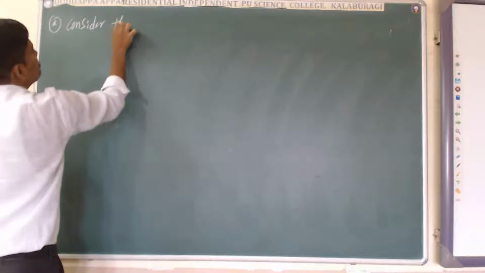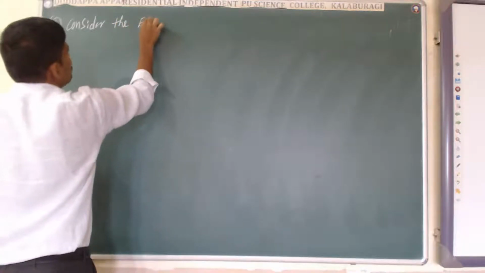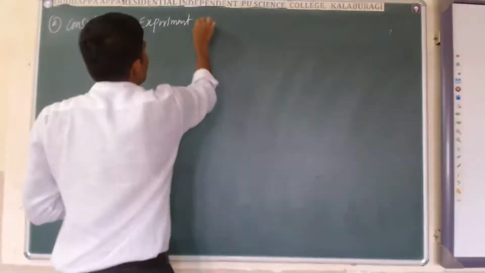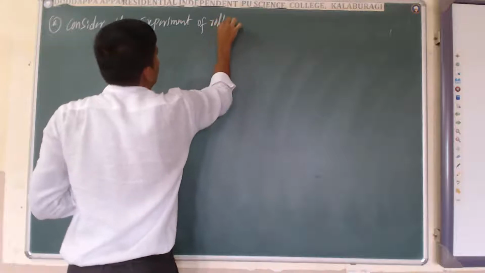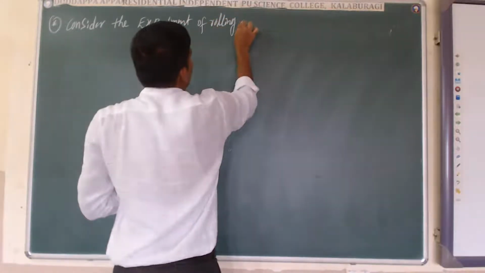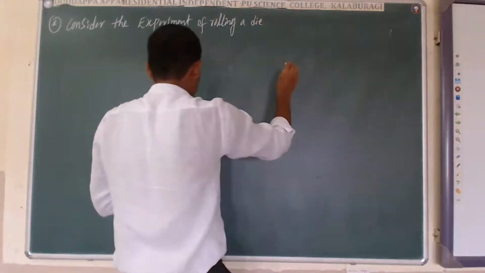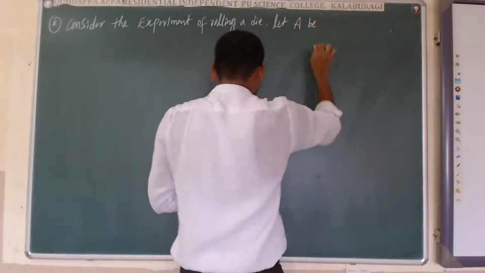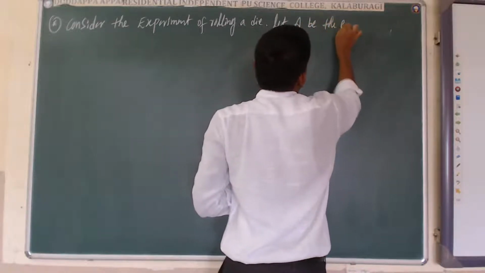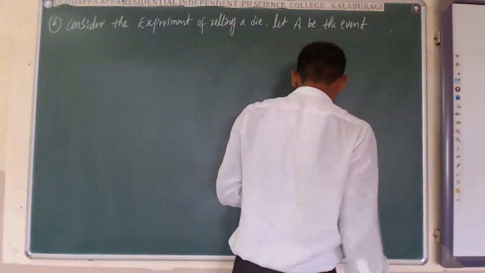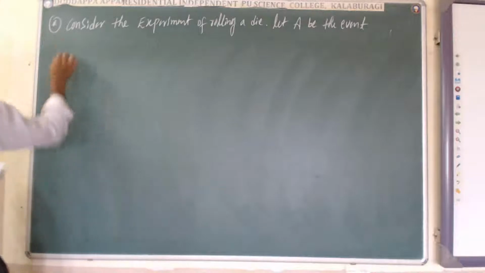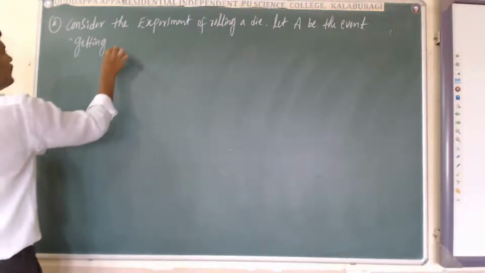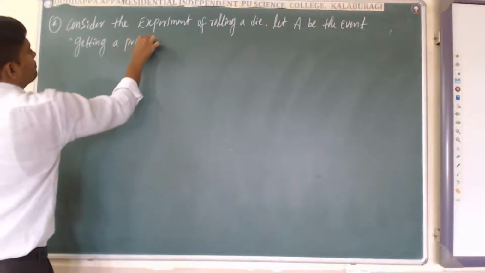Consider the experiment of rolling a die. Let capital A be the event of getting a prime number.